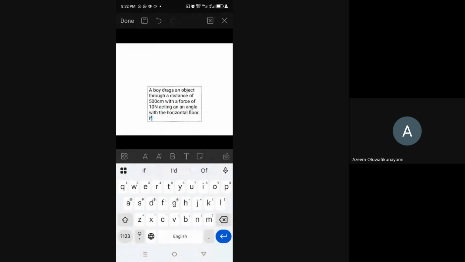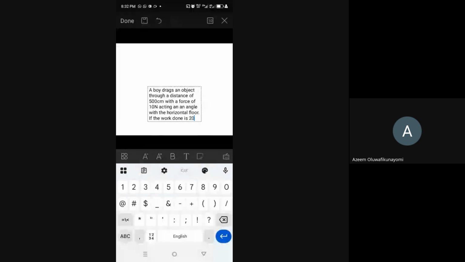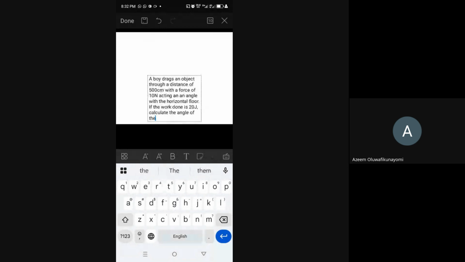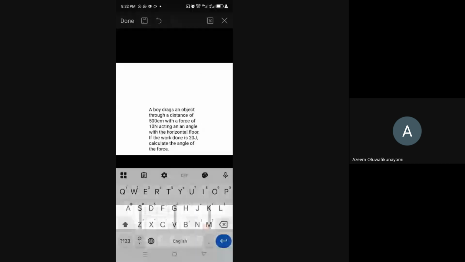If the work done is 20 joules, calculate the angle of the force. That's the question.